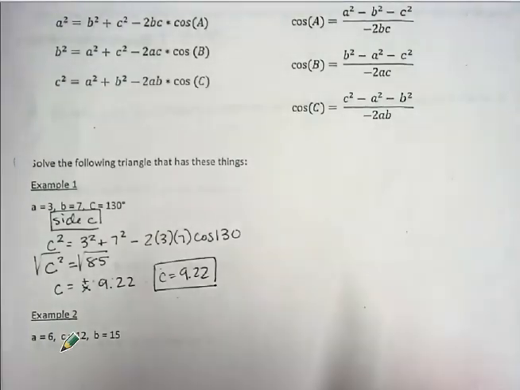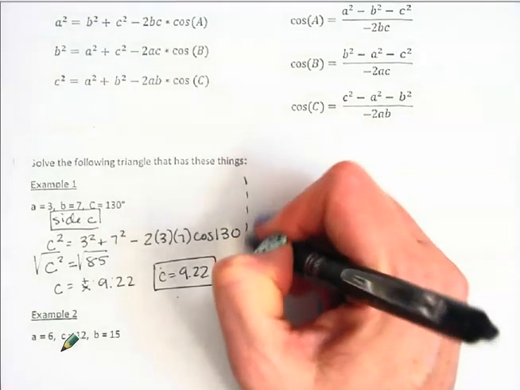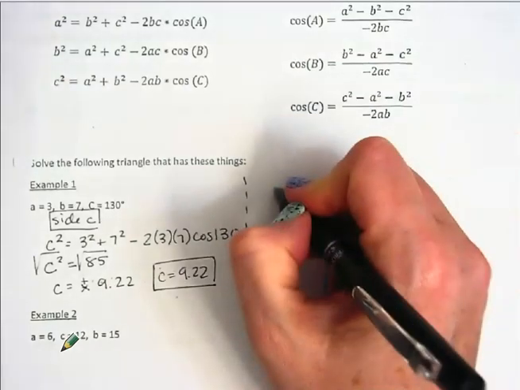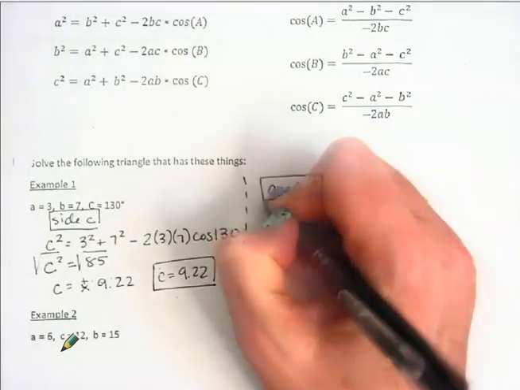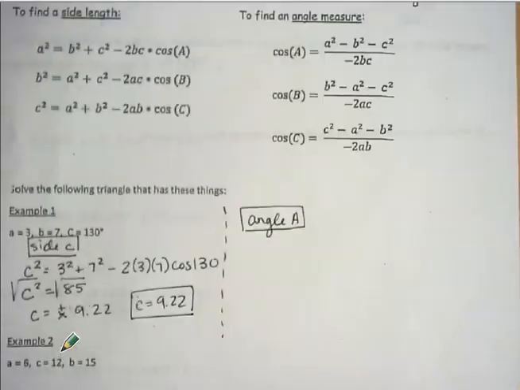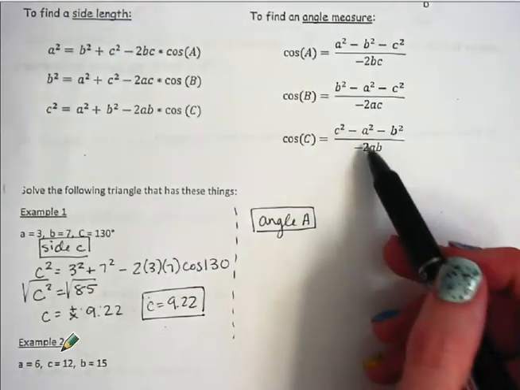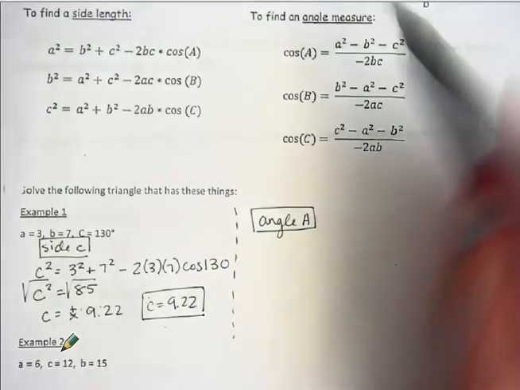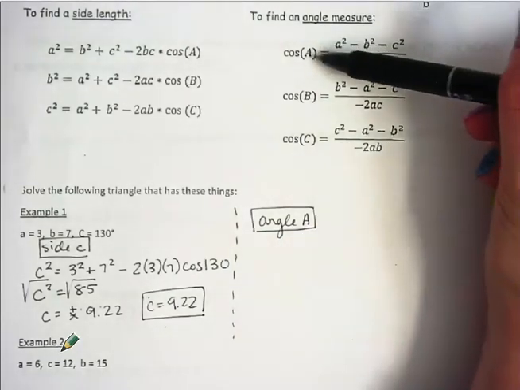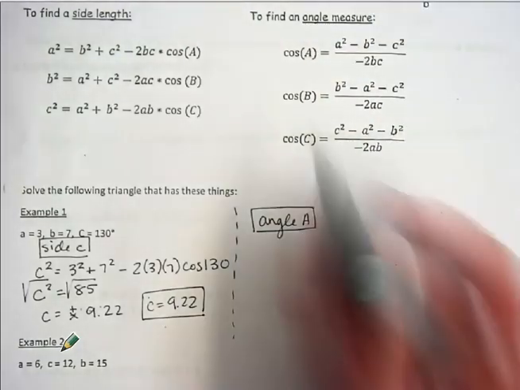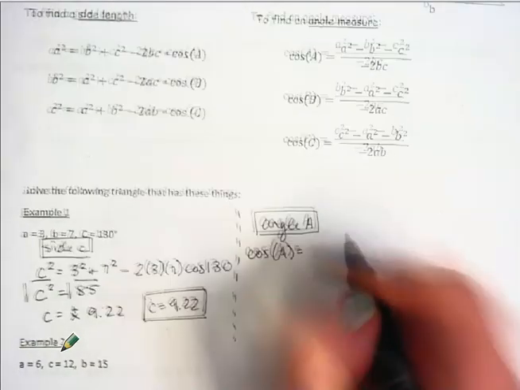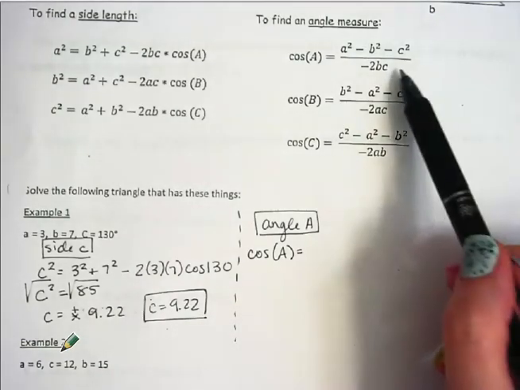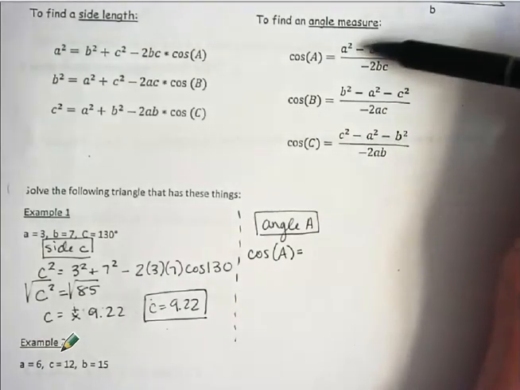So now we're going to find the missing angles. I'm going to start with angle A. Now for the angles, we want to use these formulas that are on the right. And if I'm looking for angle A, I'm going to use this one that is solved for cosine A. And when I go to set up my formula, A stays A because it's my unknown. And then if you notice on the right side of these formulas, it's all the side lengths.